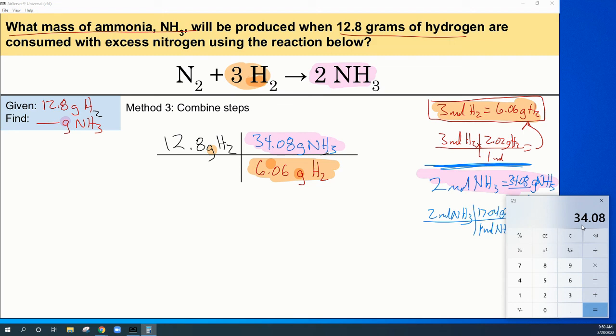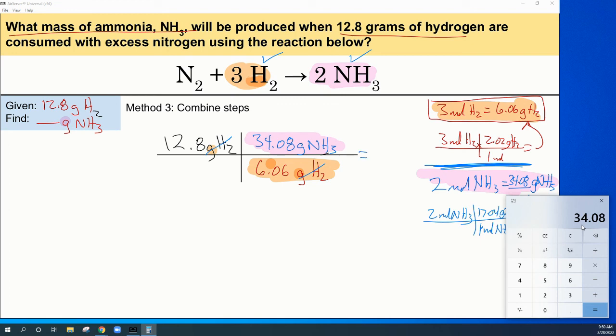That is a 3 to 2 mole ratio, but it's not written as a mole ratio. Now it is written as a mass ratio, which is equally valid as long as this mass and that mass are equal to that same mole ratio. When I cancel off my units, I'm canceling off grams of hydrogen. I end up with grams of ammonia.